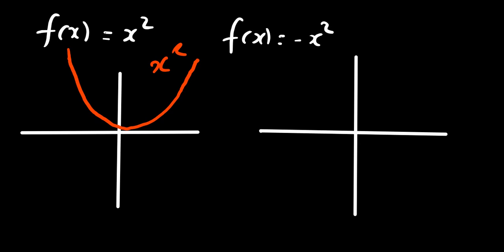So what is that point? You know that on the y-axis, x is equal to 0. To find that, we're just going to equate.